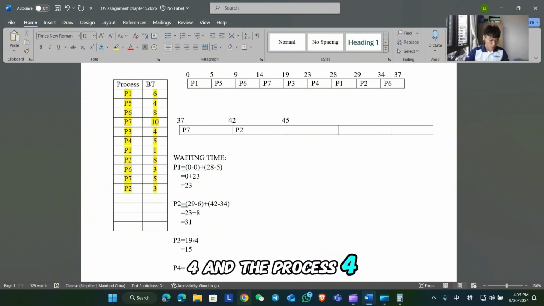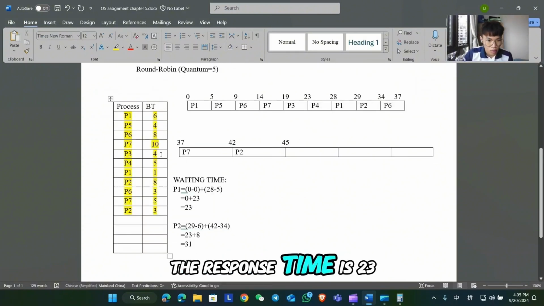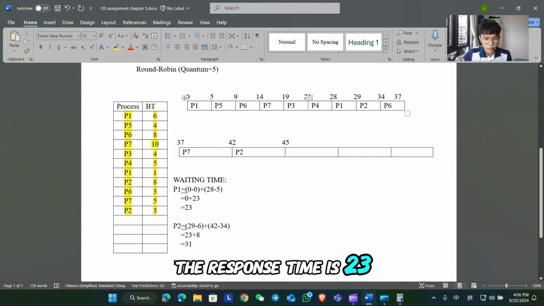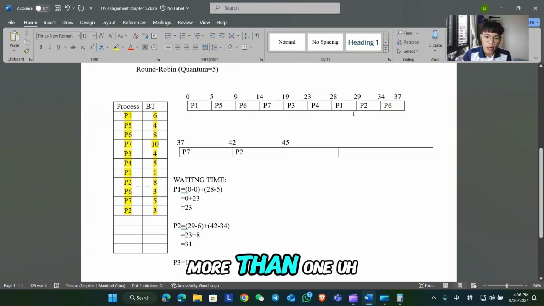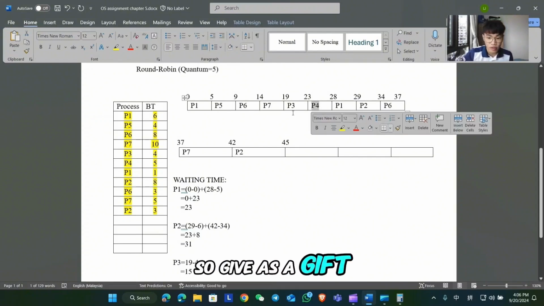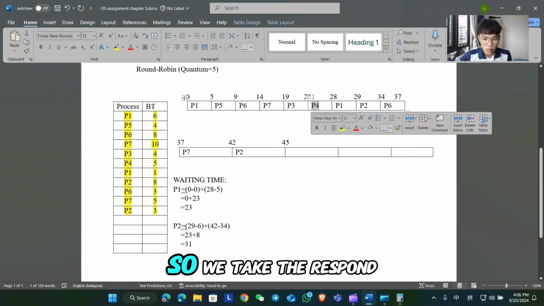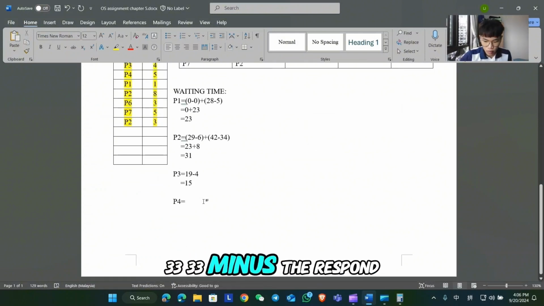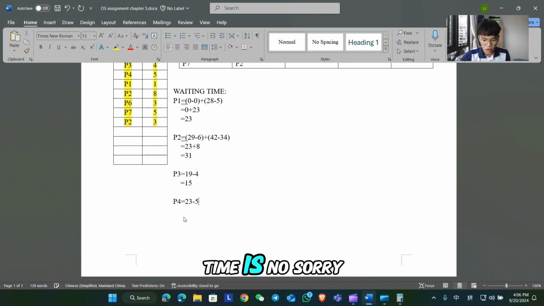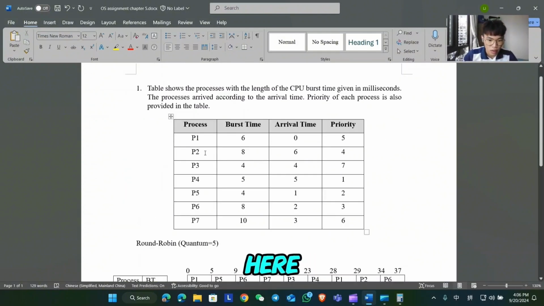So we move to process 4. The response time is 23, and in the Gantt chart, the CPU executes process 4 only 1 time. So we take the response time 23 minus the arrival time, which is 5 for process 4.